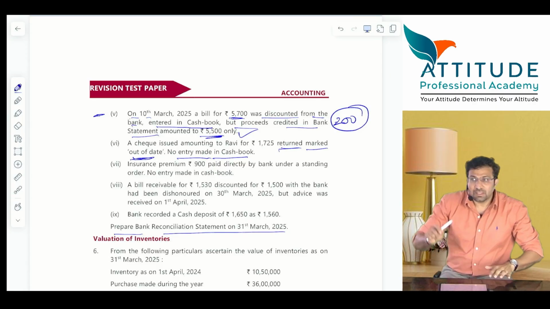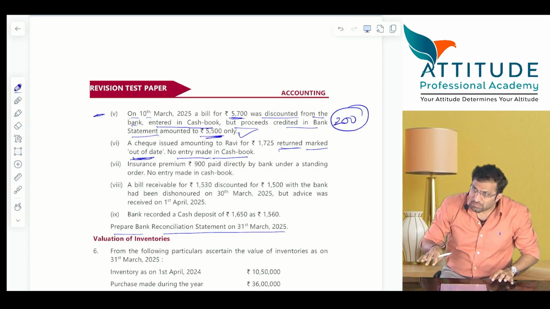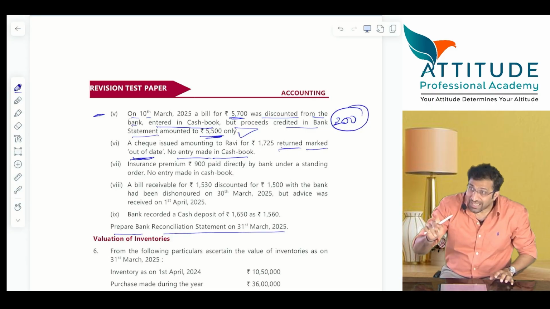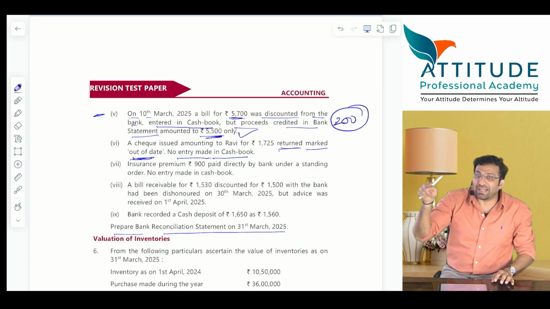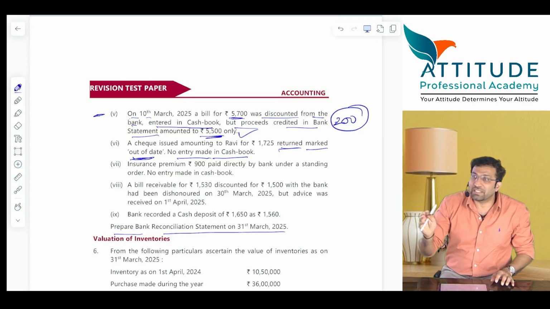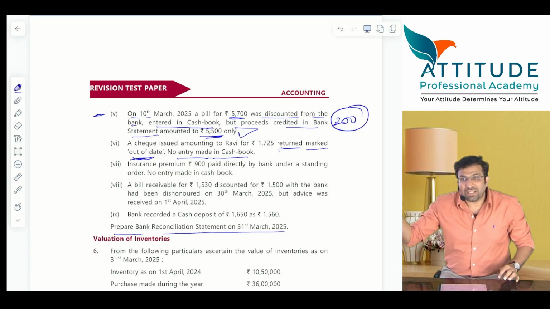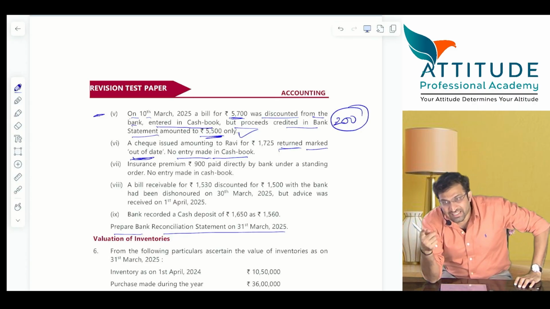Passbook balance should also come down, if banker has made the payment to Ravi. But your banker is telling this is out of date. We cannot give the money to Ravi. He has sent it back. Now, once the check is coming back, you should reverse the entry or no? Have you reversed the entry in your books?